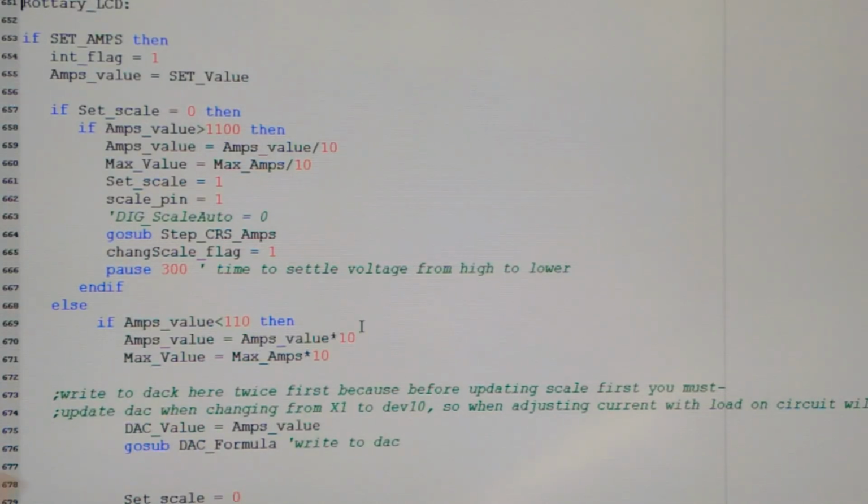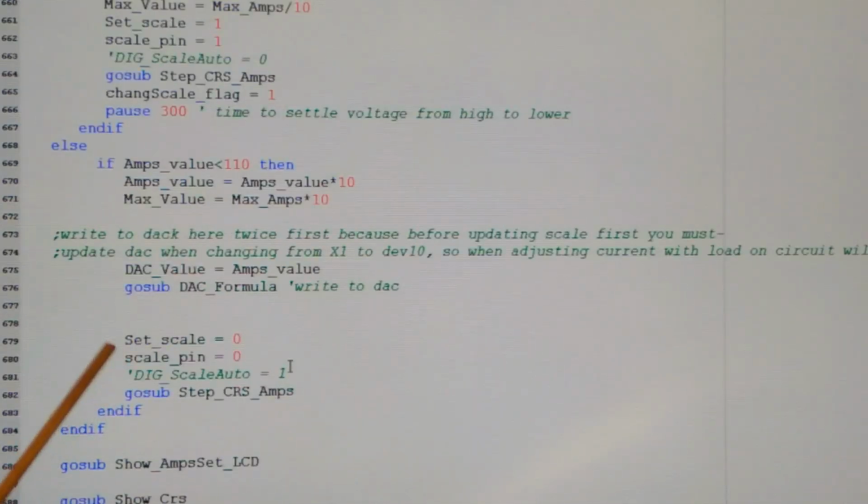That's where this software is a bit complicated, because you got to keep in mind what your hardware is doing. That means that because I've got a divide by 10 hardware, the 1.1 amp will be 110, then times it by 10, okay, because it means I'm going to change scales. It's a bit hard to understand, but anyway, this works, and that's how I have to do it.